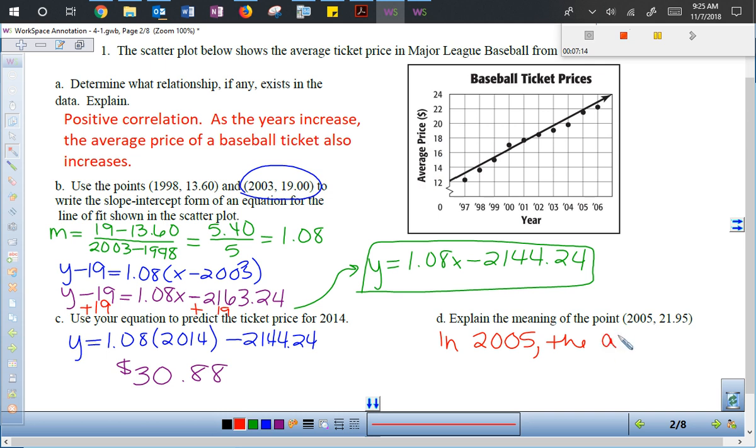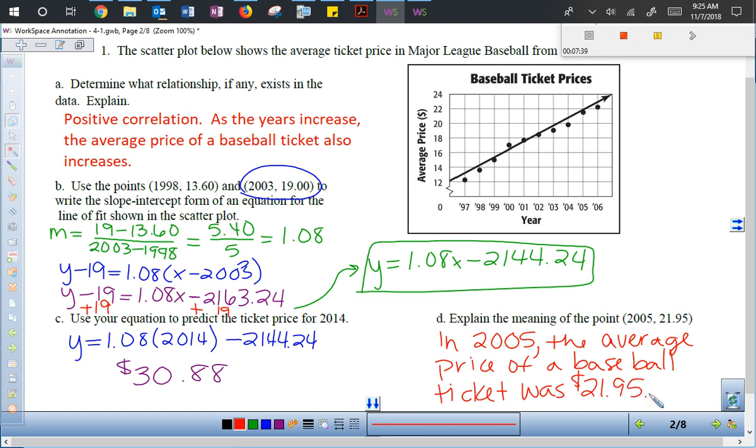So I would say the average price. Now I have to be a little more specific. I can't just say the average price is, because I have to say what I'm talking about. It's the average price of a baseball ticket was $21.95. So they just want you to explain what that ordered pair means.